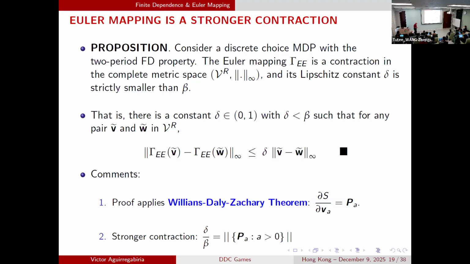It depends on the magnitude of the maximum of this vector of probabilities. If we have a model where all the choice probabilities are relatively small, close to zero, then we are going to have a stronger contraction.